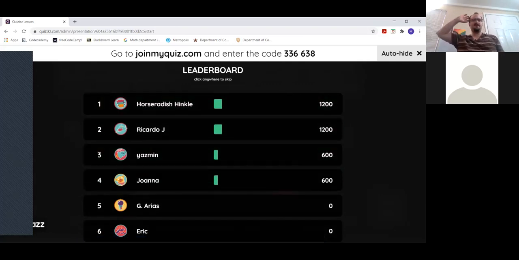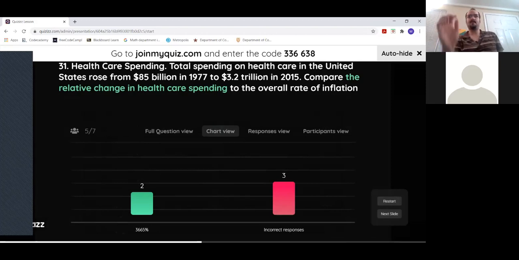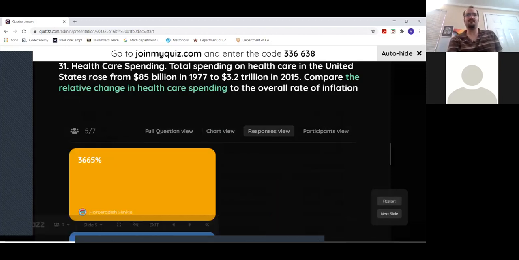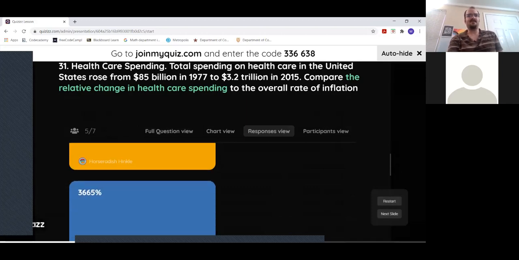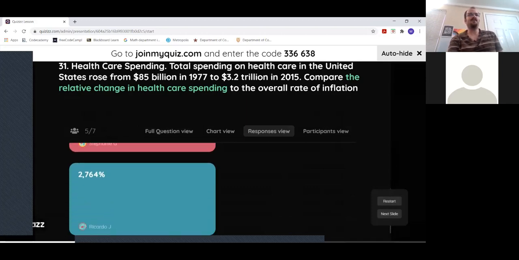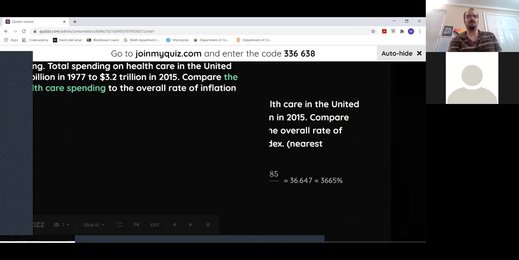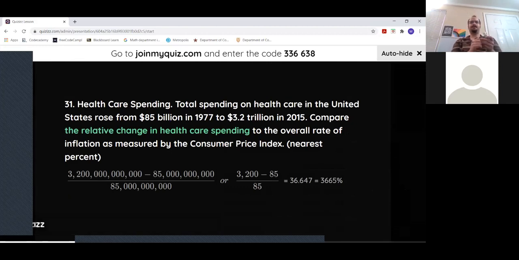Well, last time I think I mentioned something about this. How to do these maybe a little bit easier. What are we saying? Are you rounding it to decimal places or something? 36.64 should round up. Okay. Where are we getting the other number from? It should be these two numbers, right? We're doing 3.2 trillion minus 85 billion. If you want to write out all these zeros, you can.